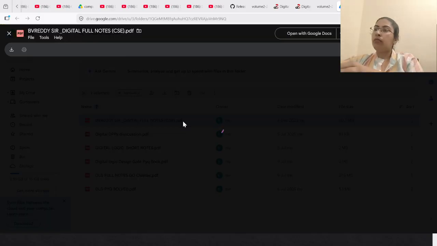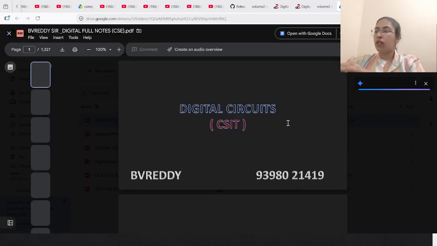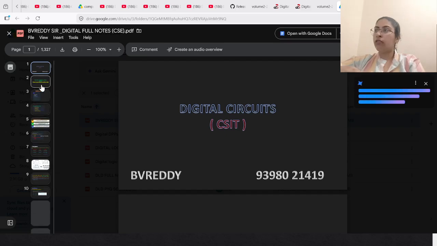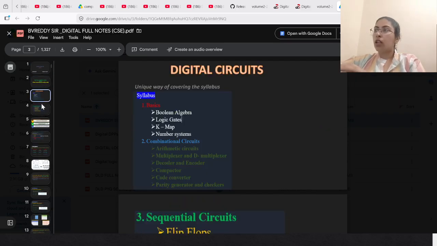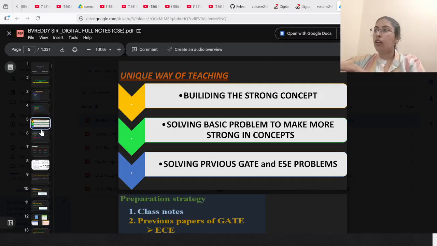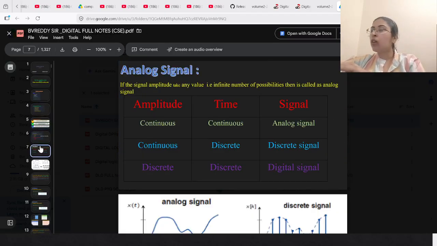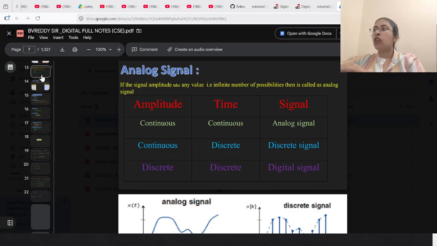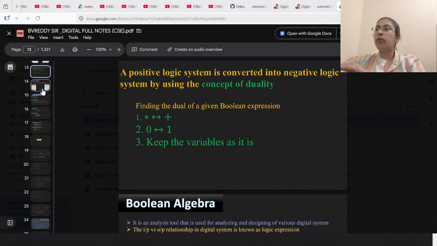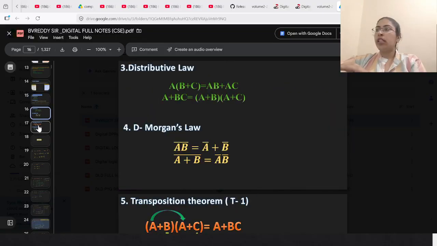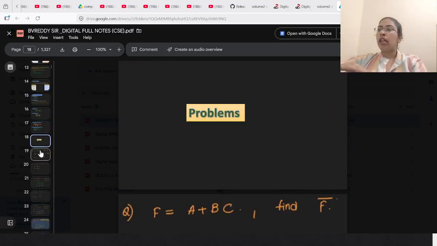I have followed BV Reddy sir's full notes for digital logic design. These are about 1327 pages of notes. I would say don't take a printout, use it in digital form and study from it.